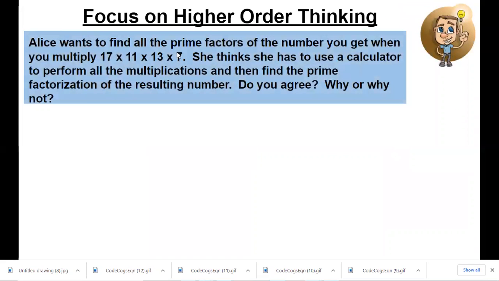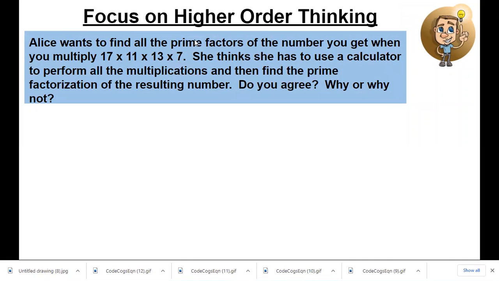Alice wants to find all the prime factors of the number you get when you multiply 17 times 11 times 13 times 7. She thinks she has to use a calculator to first perform all the multiplications of the numbers and then find the prime factorization of the resulting number.